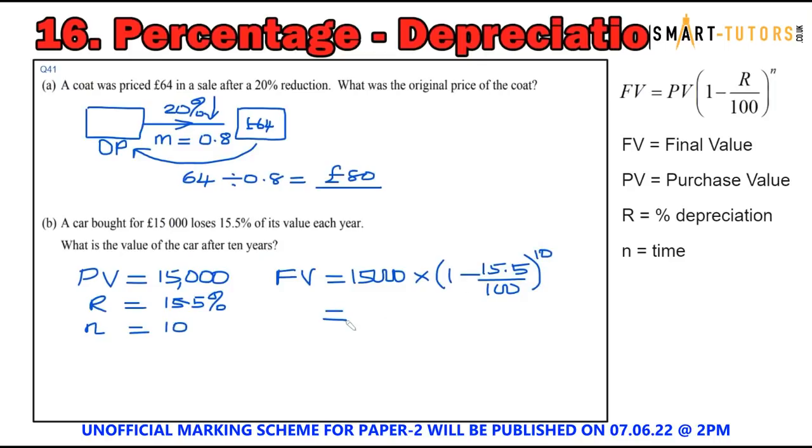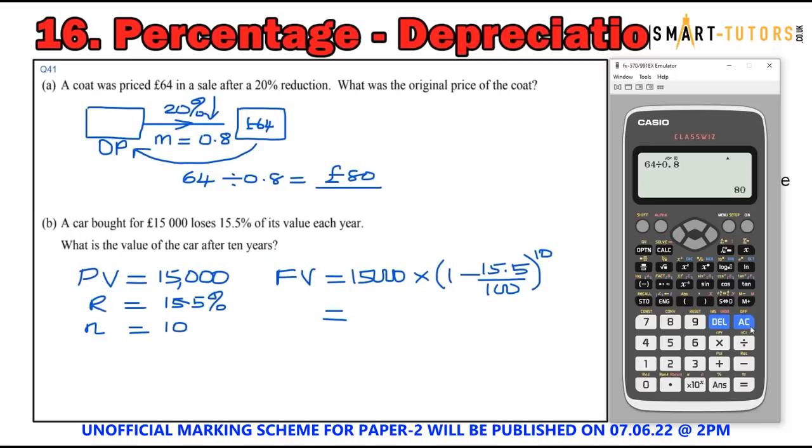So you straight away press the calculator for that. So 15,000 times by bracket 1 minus, you can use the fraction button, 15.5 and down arrow 100 and right hand side bracket close to the power 10.